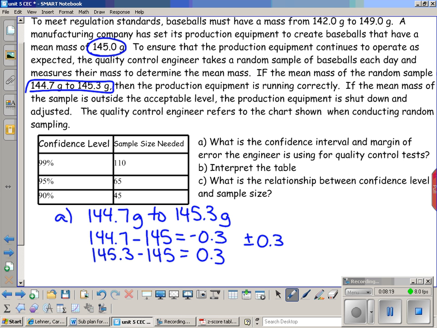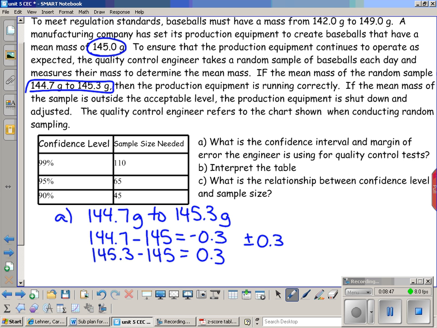And then if we want a confidence level of 90%, so if we want it to occur 90 times out of 100, we only need a sample size of 45. So what is the relationship between confidence level and sample size? For a constant margin of error, as the confidence level increases, the size of the sample also needs to increase.